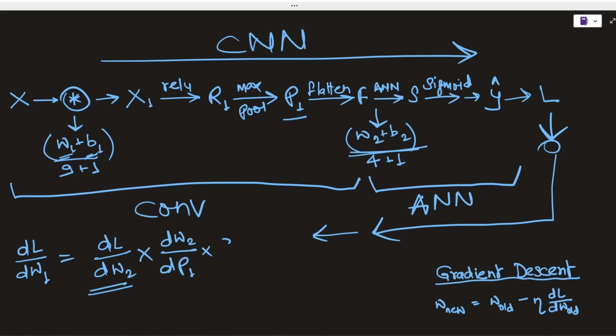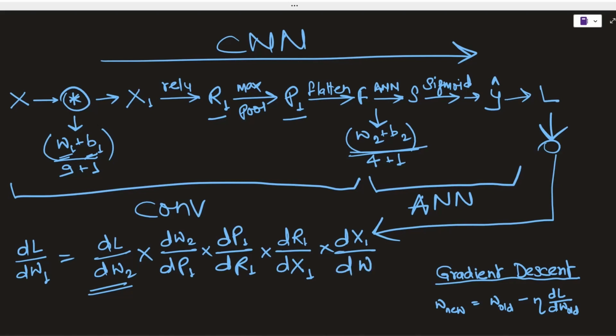Next step will be to calculate the derivative of P1 with respect to R1, multiplied by, let me erase this one. Okay, we will calculate the derivative of R1 with respect to dX1, and then finally dX1 by dW1.